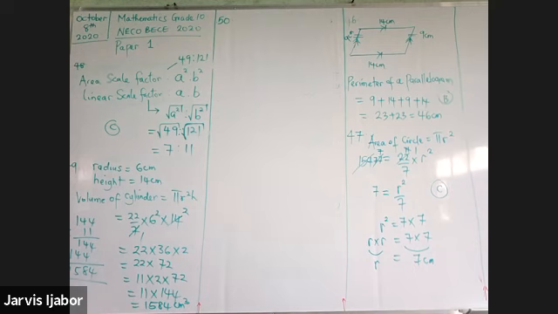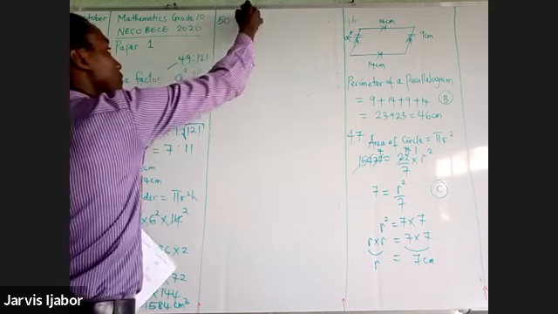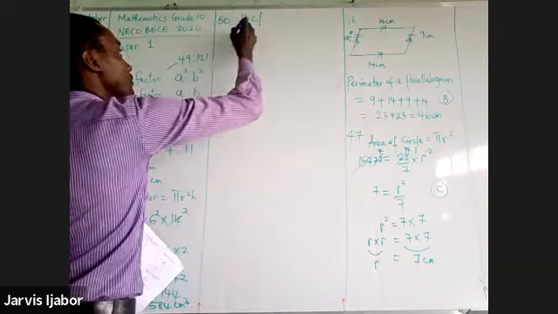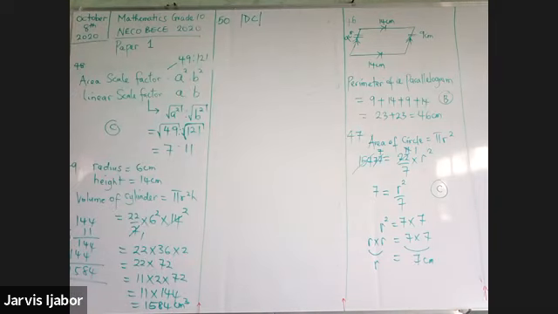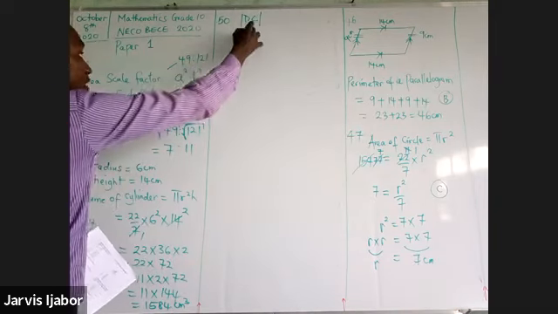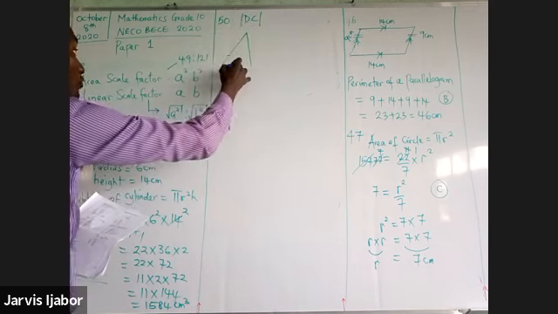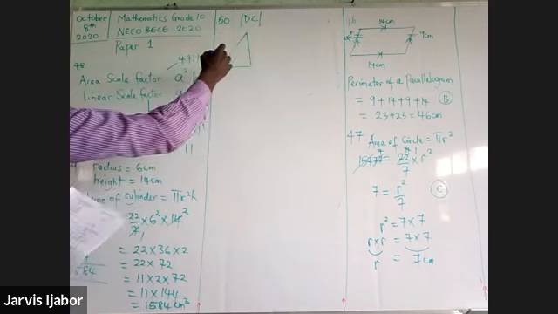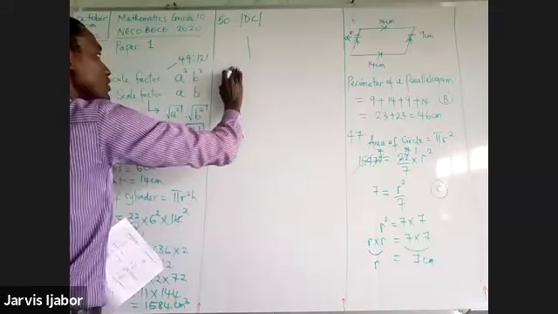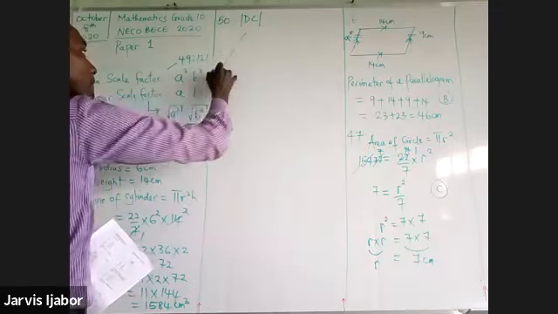All right, so go to question 50. In question 50, we are asked to look for DC. Now let's look at the figure. This question is testing your knowledge of similar triangles. Let's increase the triangle a little more.